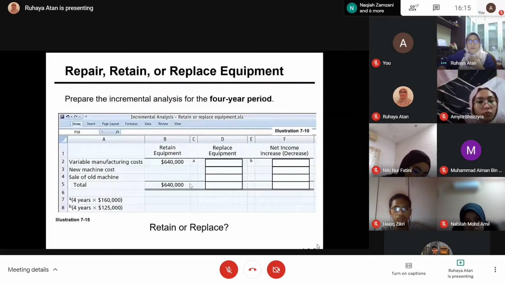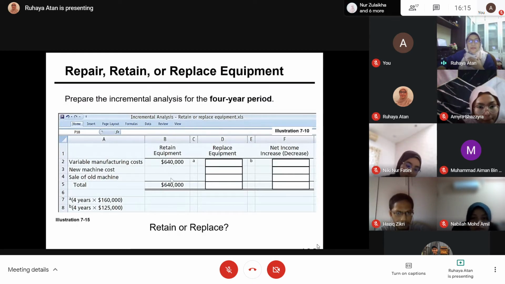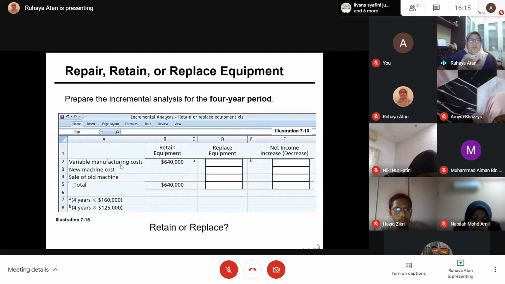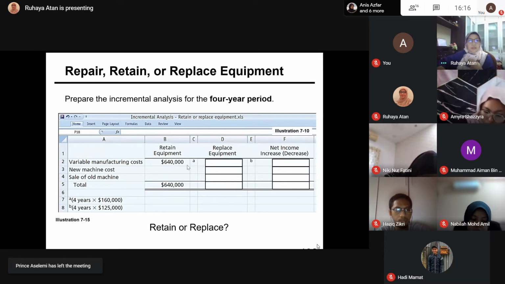So if you retain the existing machine, existing equipment, if you still want to use it, it's stated there that it will incur variable manufacturing cost of $160 per year. So this is analysis for the whole 4 years. And you find that you will have to bear variable manufacturing cost of 640,000.